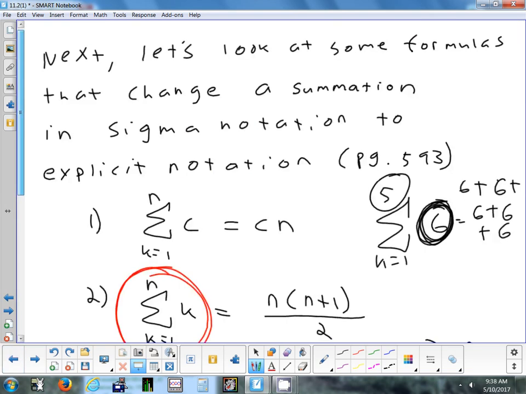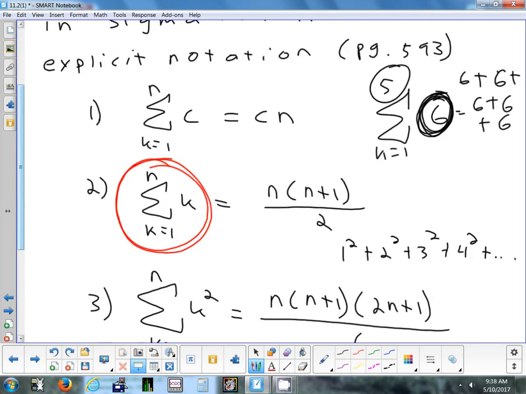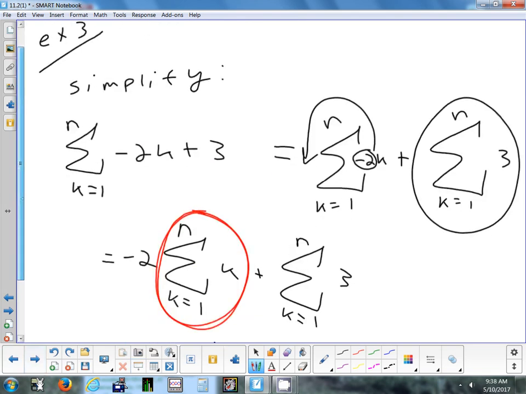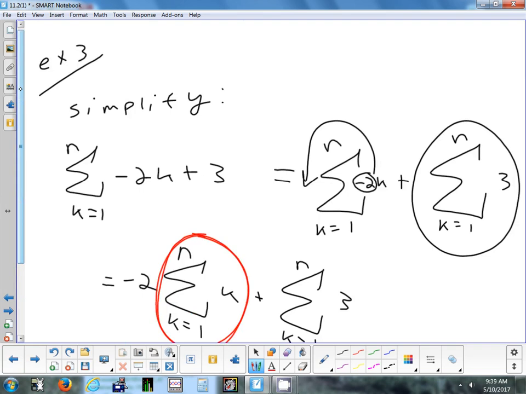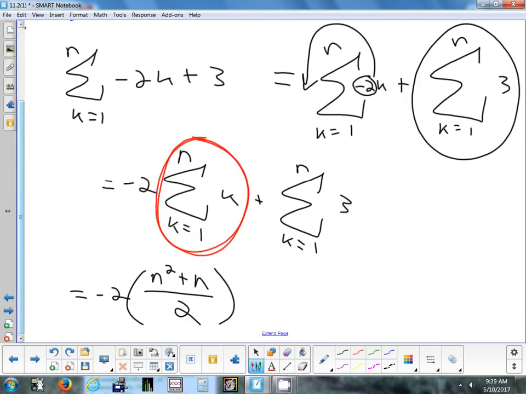Yeah, you could FOIL this out. You're going to have to eventually. If you don't want to, you can leave it like that for now. But go ahead, Bria. If you FOIL it out, what do you get? So we get x squared plus n over 2. Yeah, we just got rid of the sigma. That's the goal. When you're simplifying sigmas, you want to get rid of them.